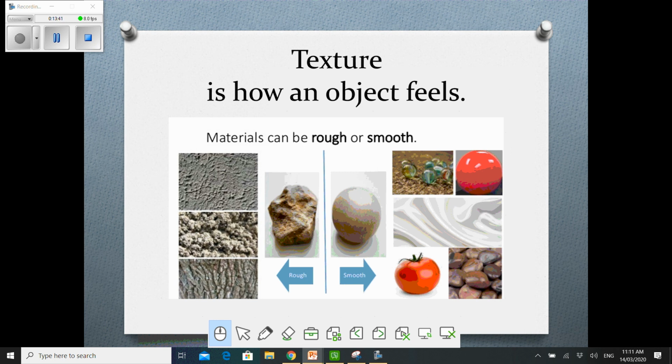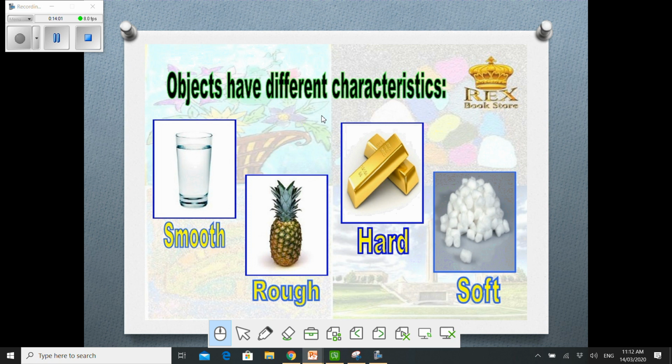Do you remember when I let you touch the book and the rock? You said that the book is smooth and the rock was what? Rough. Good. Look here. The glass of water, if you touch it, you will say this is smooth, but the pineapple is rough.